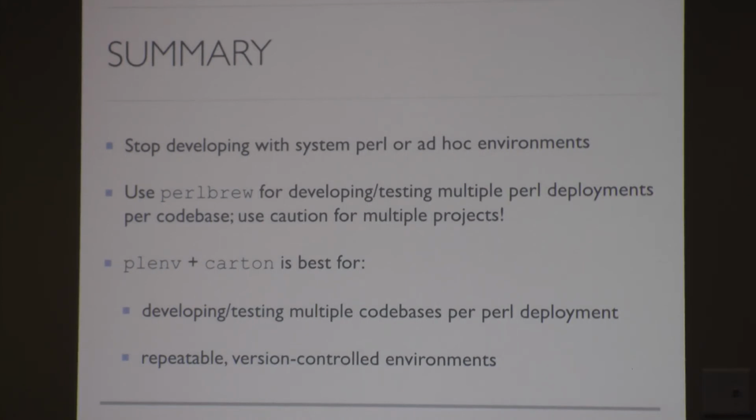There are better ways. perlbrew is great in the situation where you have a project that you're deploying on multiple systems that have different versions of Perl. perlbrew is probably the perfect tool for that. It lets you switch between those quickly and test between them quickly. It's nice that way. If you also have multiple projects, not so much.